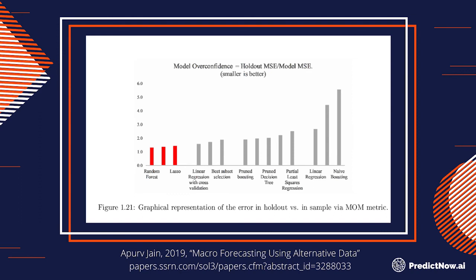They compared essentially the variance of different machine learning algorithms on macroeconomic data. And once again, it finds that random forest ranked the lowest in terms of variance. And the simple models such as boosting and linear regression ranked the highest.